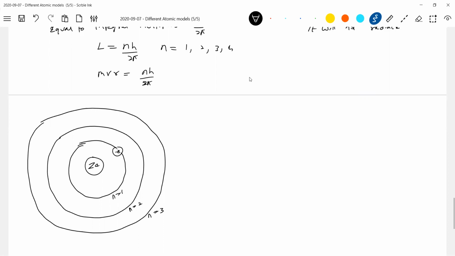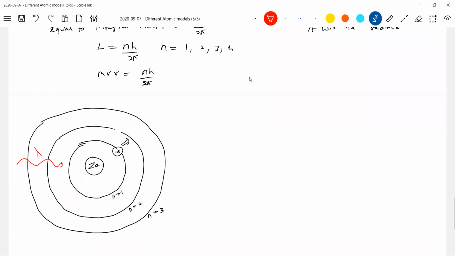When the electron makes a transition from a lower orbit to a higher orbit, it absorbs a photon. This is called excitation.